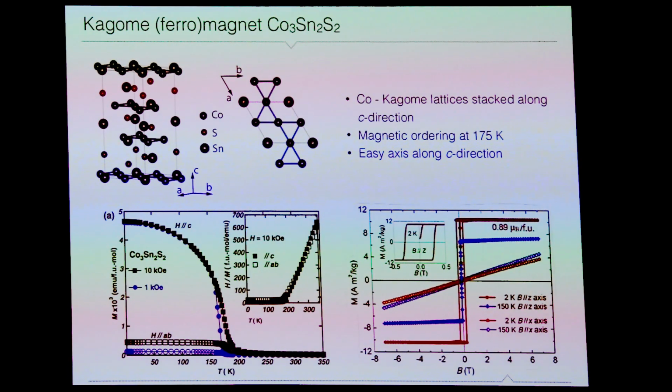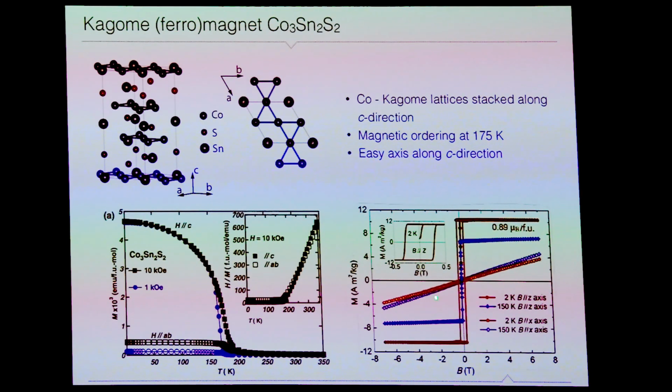And this is what you also see if you look at the magnetization versus external field. So you apply an external field along the C direction, so those are the curves out here. And you see that you have a sharp switching around zero field. So if you apply a magnetic field, magnetization will be out of plane almost immediately.